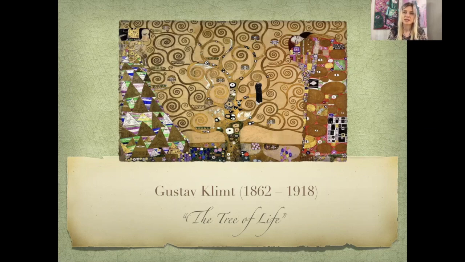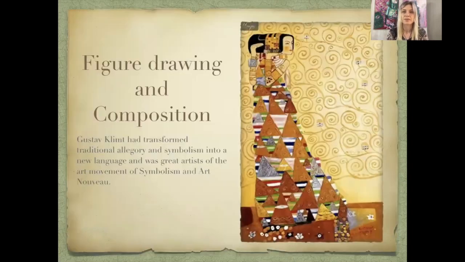It's the same angle. So we're gonna look at this figure drawing and composition. Gustav Klimt transformed traditional allegory and symbolism into a new language, and was a great artist of the symbolism and Art Nouveau movements.